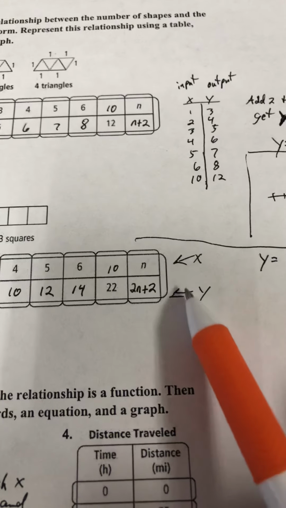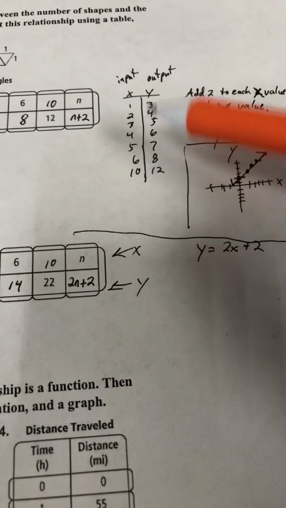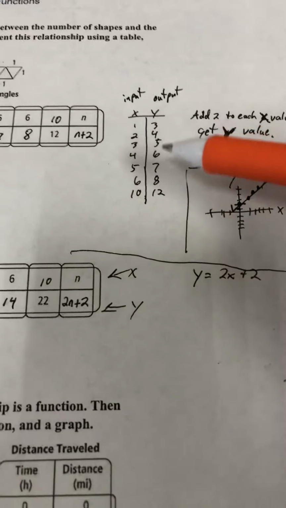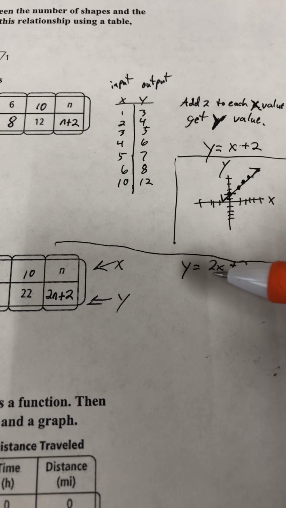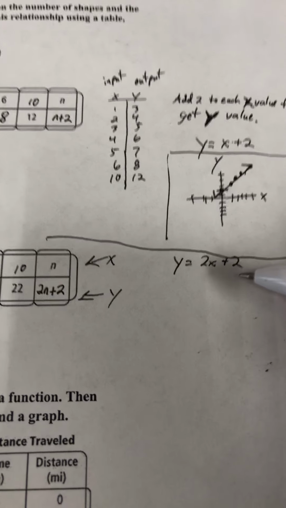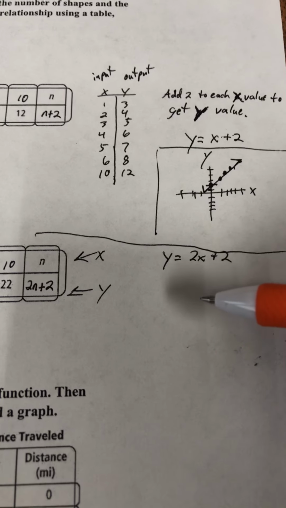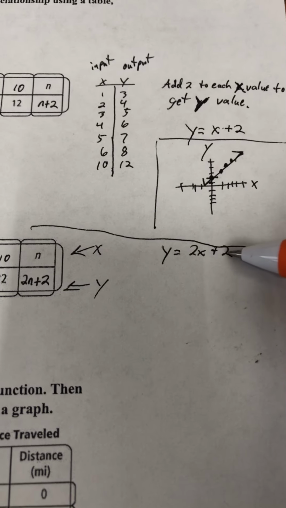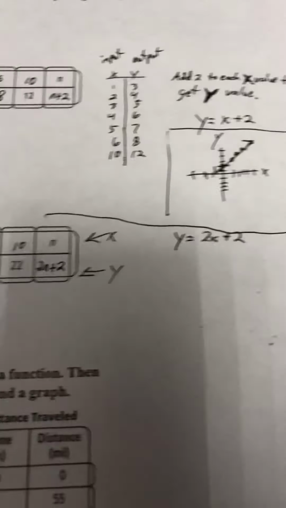So if this is your x and this is your y, go ahead and make a table like I did up here. Then you can explain that for every x value, you're multiplying it by 2 and then adding 2 to get the y value. And then you would graph that. So your y-intercept would be 2, and you're going up 2 over 1 to get your next point to make the line.